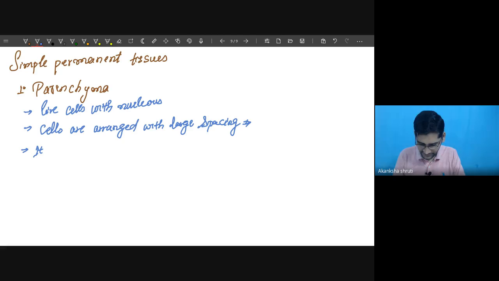It means the functions are to synthesize and store food. For this synthesis, the parenchyma has another classification. That tissue inside the parenchyma is called chlorenchyma.